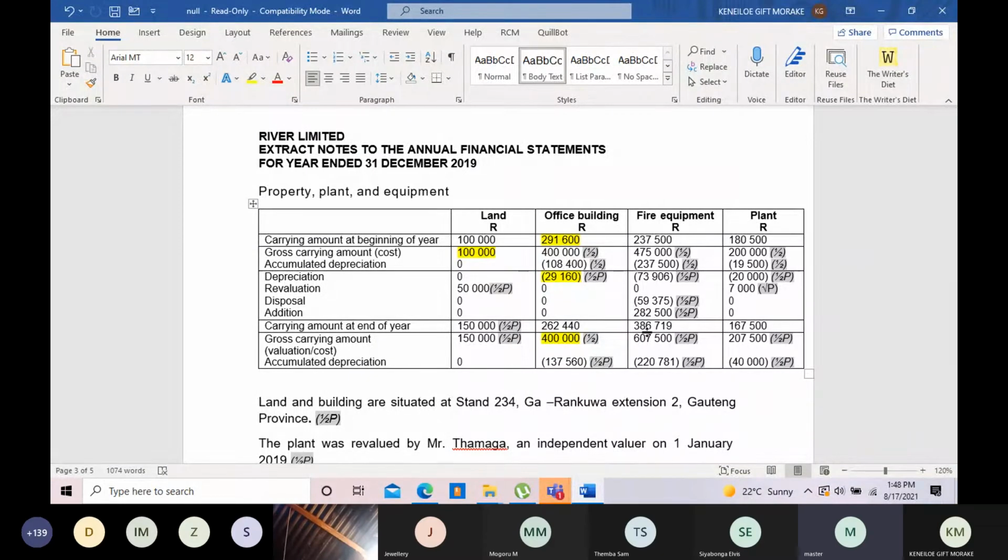You don't include the accumulated depreciation to determine the cost price, but you only combine cost prices of the same asset. 475,000 as the cost at the beginning, plus the additions, 282,500, minus the cost of the disposed asset, 150,000. You subtract the cost price, not the carrying value. So I'm done with the fire equipment.